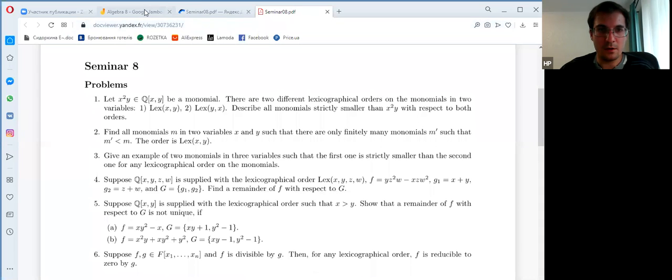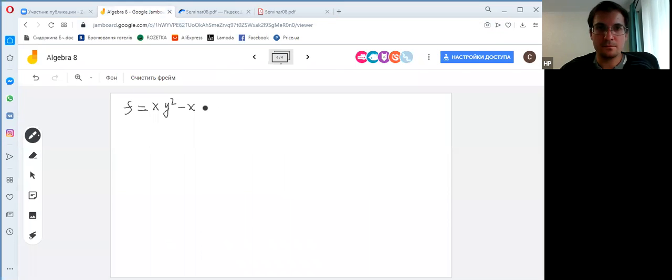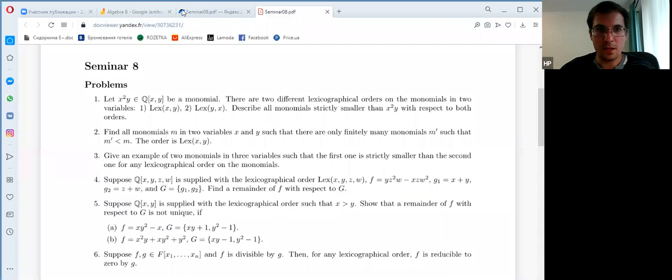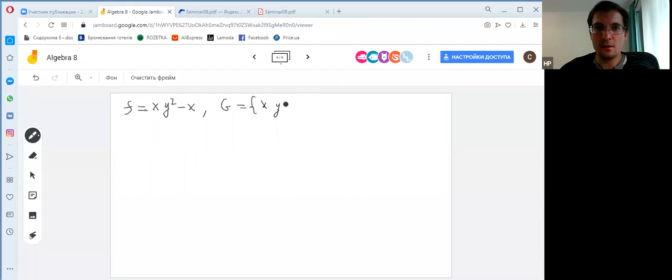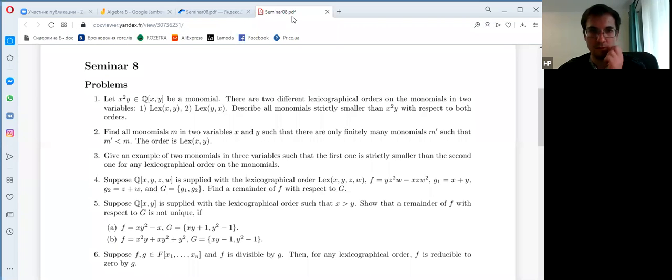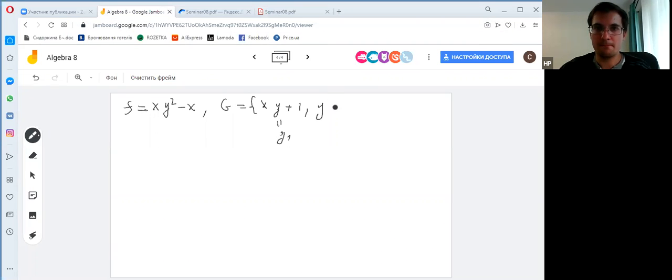And we have a polynomial g equal to x y plus 1. This should be g1. And the second is y squared minus 1. This is g2.